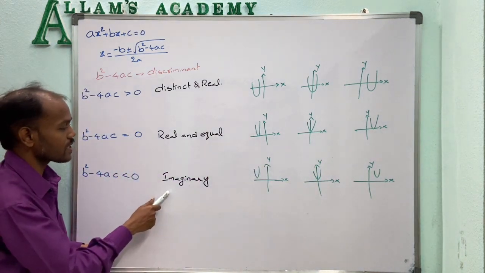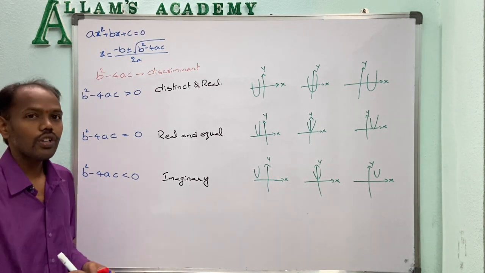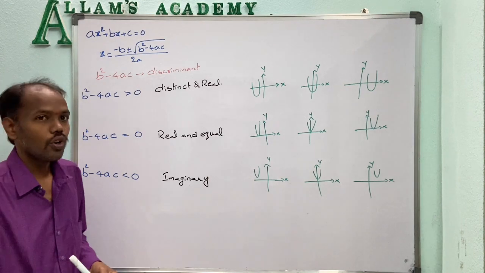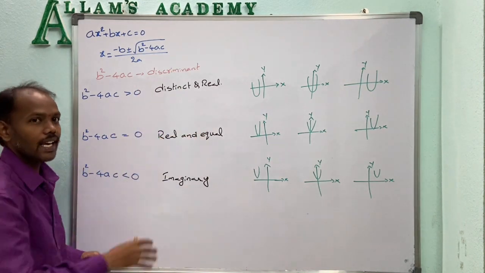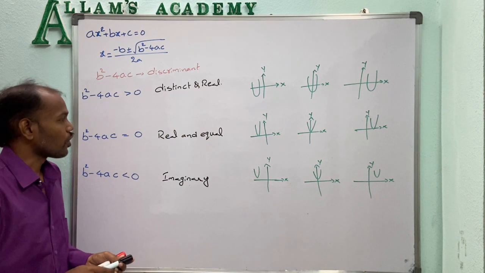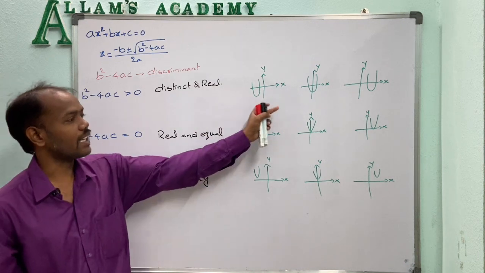That is why we said it has imaginary roots, so it has no real roots. So by the discriminant we can say how the roots are and how their graphs are.